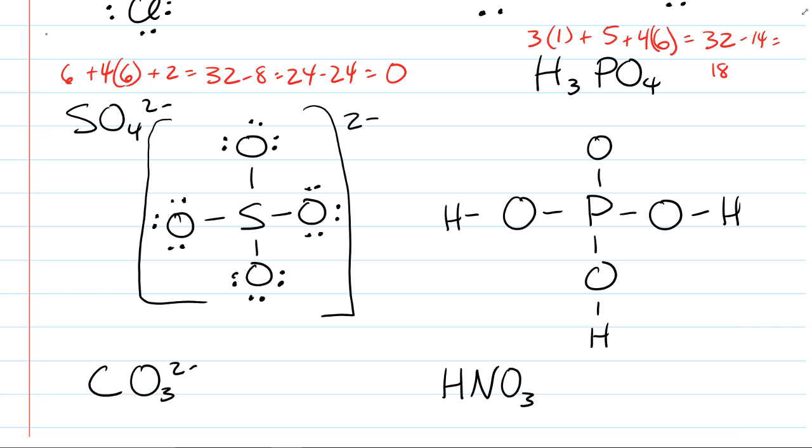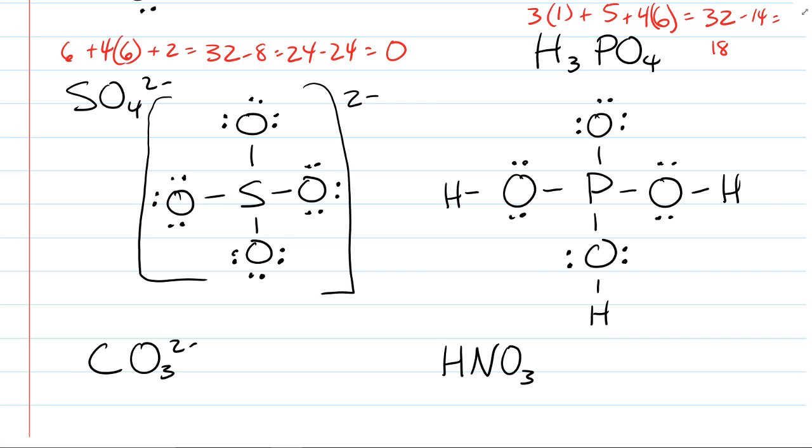Are we going to put any more dots around the hydrogens? No, so we just put them on the oxygens. We put in 2, 4, 6, 8, 10, 12, 14, 16, 18. It uses up all 18, and we've got none left to go. We do a quick check on the phosphorus. All right, we're good.